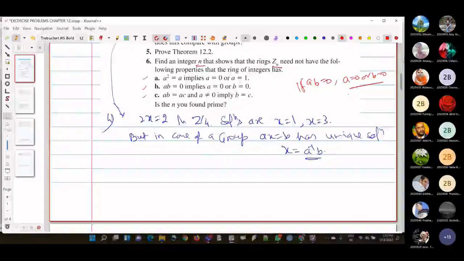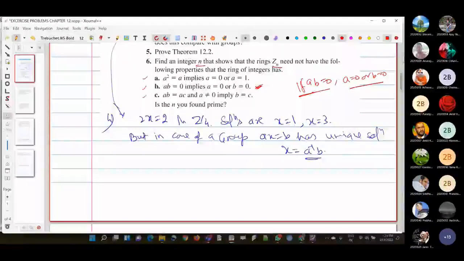At least one should be 0, if at all this is 0. Okay. So this we can relate. With the help of this we can get the answer for this one. Okay. The second part, part B. In fact, for the first part and third part also, it is helping us to recall the example from where we can get the answer.